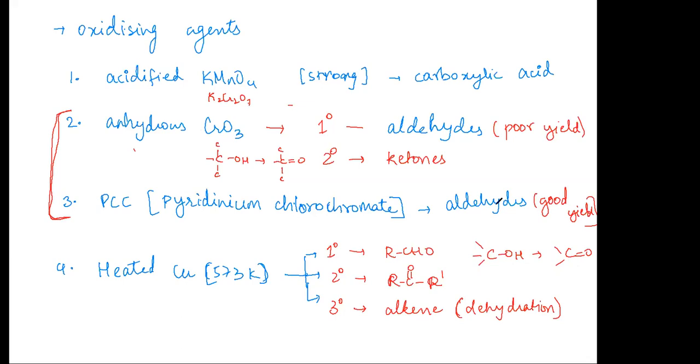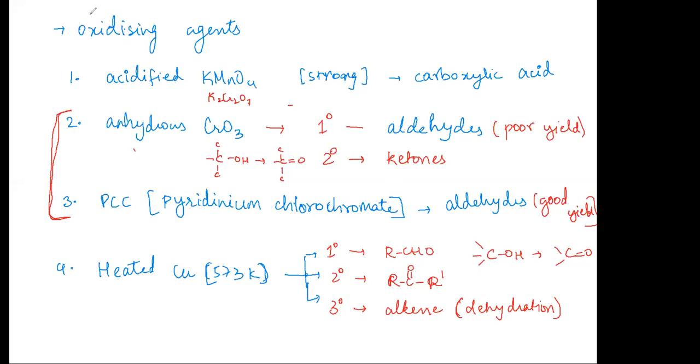Like preparation of alcohols, do you guys remember reduction of aldehydes and reduction of ketones? We've observed that if we take aldehydes we get primary alcohols, and if we take ketones we get secondary alcohols, because hydrogen is added in both cases, to oxygen and also to carbon.